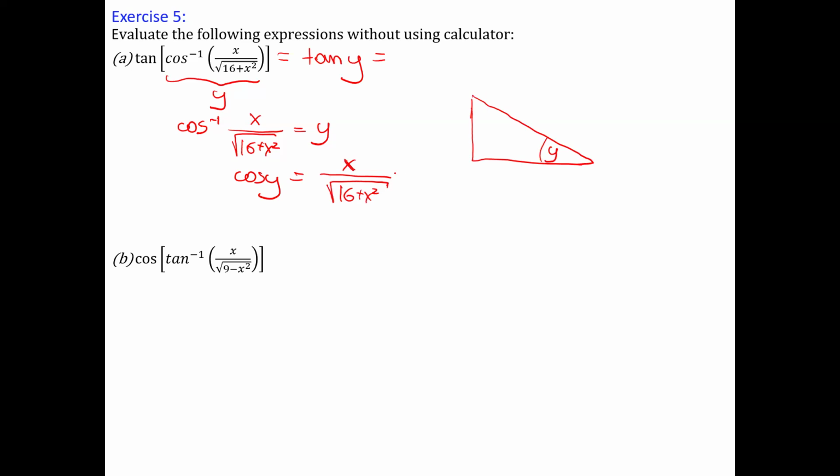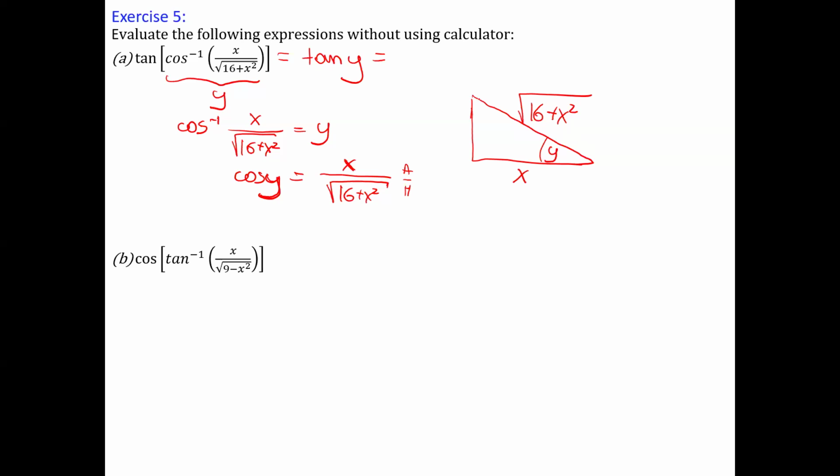Cosine of y in a right triangle is the ratio of adjacent over hypotenuse. This is adjacent, and this will be hypotenuse, square root of 16 plus x squared.